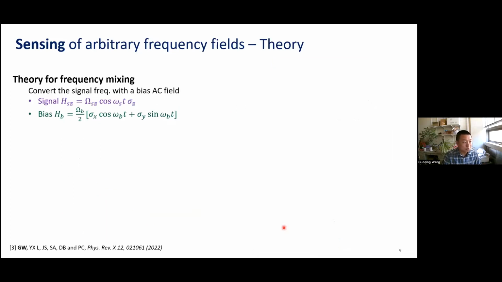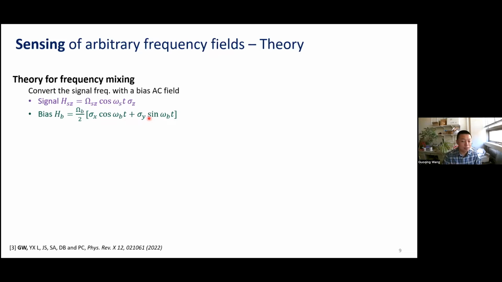Such a quantum mixer is based on so-called quantum frequency conversion, which we derive using the so-called Floquet theory. So let's use an example of a signal field along z direction with frequency omega s and a bias field along transverse direction with frequency omega b.